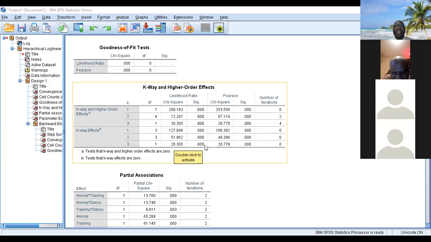Now the upper one, the K-way and higher order effect, tells you whether there is any significance at that level and the levels above it. It captures everything together, including 2 and 3. That's why the value is very high. It combines all of this together.